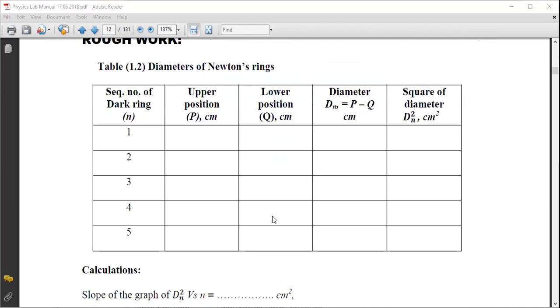I just told you the method, how we do it and what we do, so we will give you the observation table values, so you can directly take those values and do the calculations further. Basically, we are going to give you the values for upper positions and lower positions, and from that you can calculate the diameter and the square of the diameter.